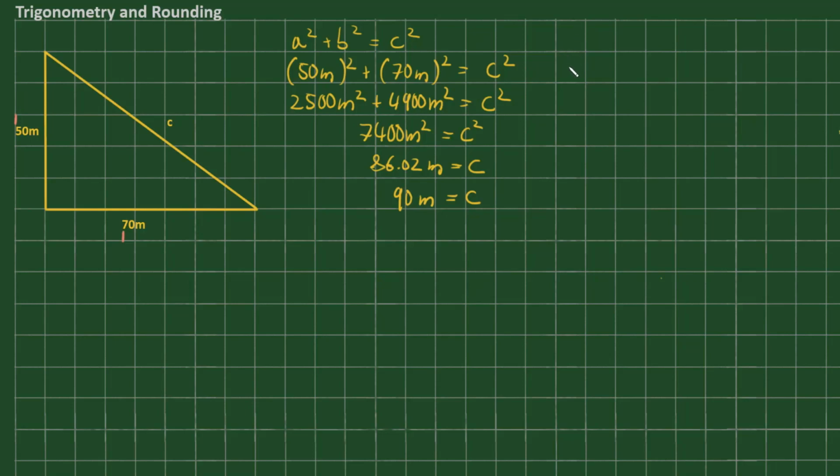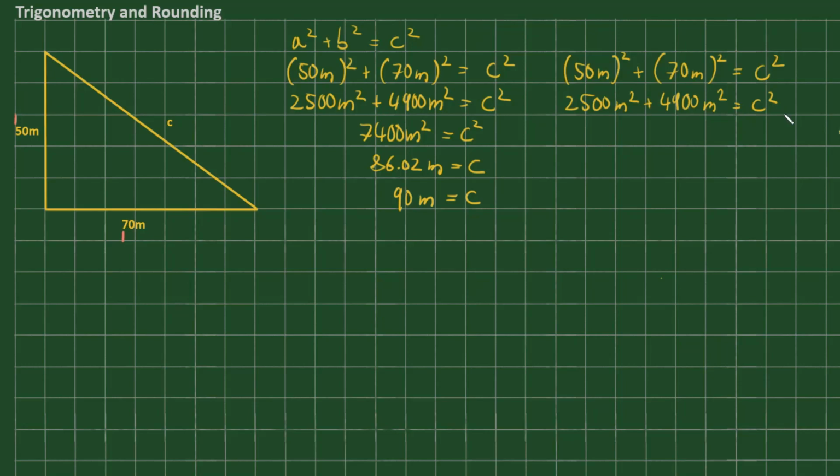We start the same way. We still have 50 meters squared plus 70 meters squared equals c squared. 50 meters times 50 is still 2,500 square meters. 70 times 70 is still 4,900 square meters.